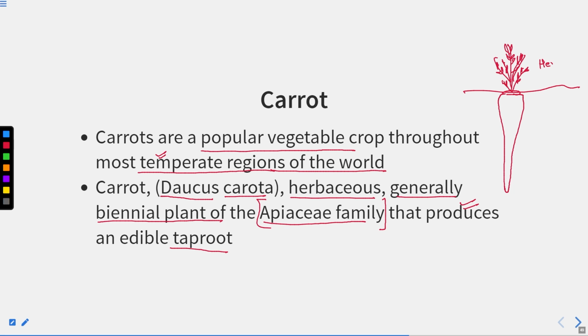So this is a herb plant and this is the taproot, and this is the edible part of it. Taproot, right? So the carrot, Daucus carota, genus Daucus and species carota, is a herbaceous, generally biennial plant of the Apiaceae family, and that produces an edible taproot. Okay.